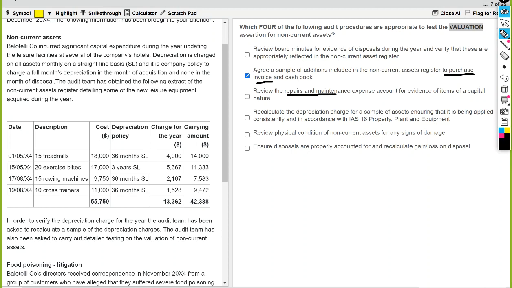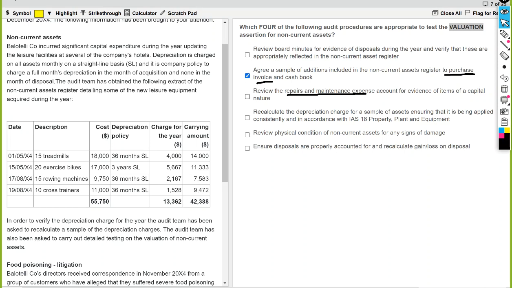Review repairs and maintenance expense account for capital expenditure. This one we did before. What it means is you check the expenses account to see if there is an asset included inside or not. You are testing for completeness. Maybe there are assets they didn't record.